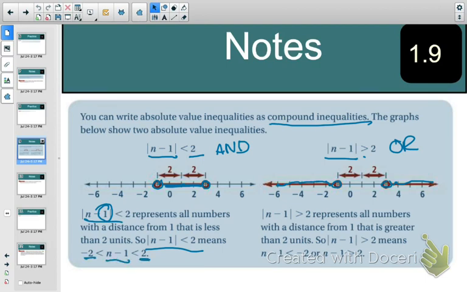So you're looking at the distance from the number 1, here's 1 right here, that is less than 2 units away, so everything in between here. This one is the same thing, it's the distance from 1 that is greater than 2 units away. So if we go 2 units away, and we're going to go greater than that, so it goes that way and that way, 2 units. So this is an OR problem, so n minus 1 is less than negative 2, or n minus 1 is greater than 2.